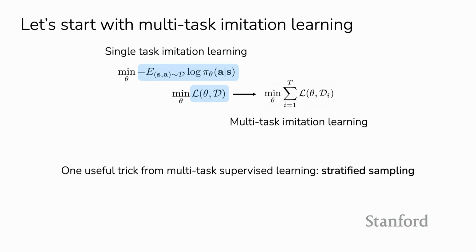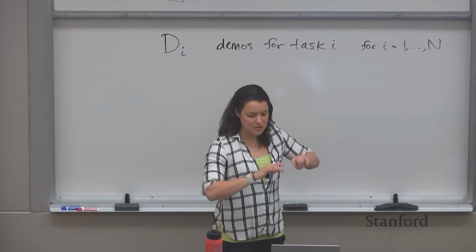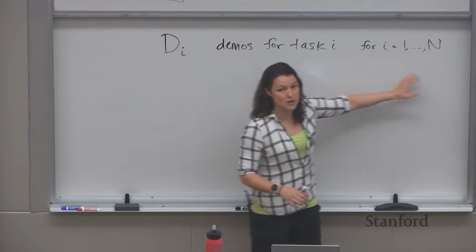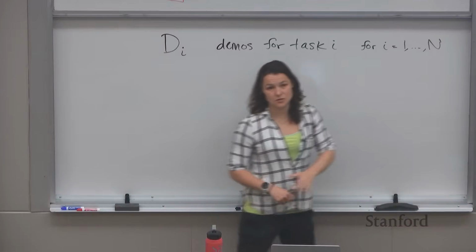And so one thing that's quite useful is that when you sample a mini batch, you can stratify the mini batch and ensure that each mini batch of data has data from each task. If you're trying to optimize for a uniform distribution over your tasks, then 1 over n of the mini batch would be the first task, 1 over n of the mini batch would be the second task, and so forth.